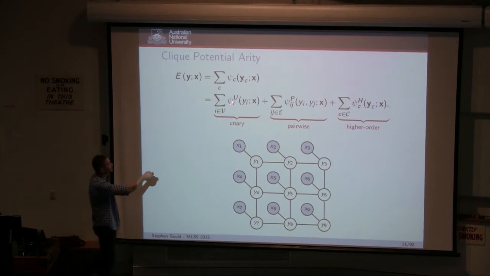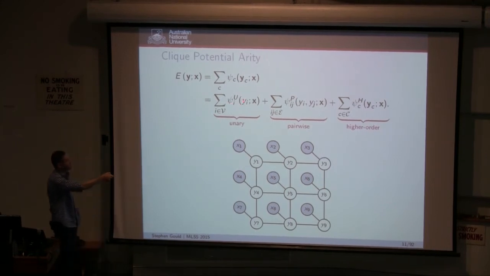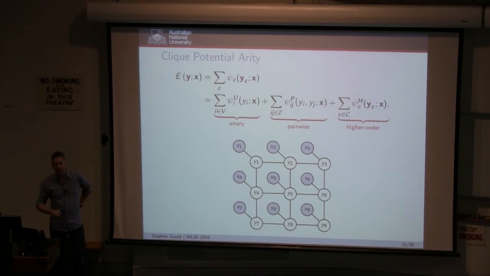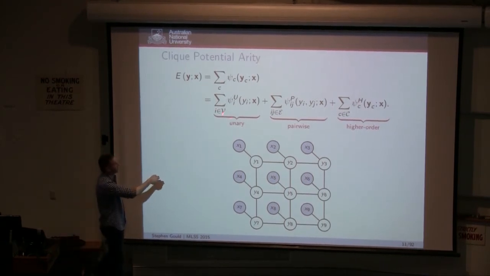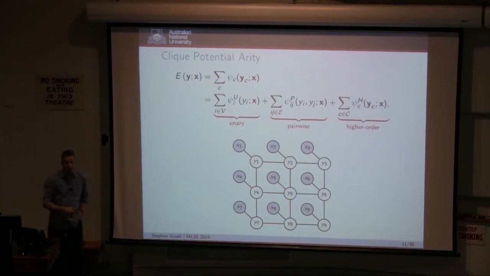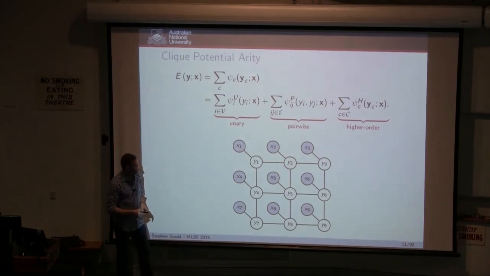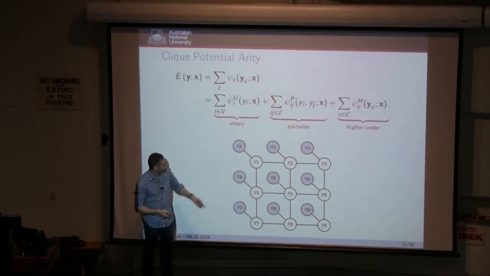So unary terms are going to be potential functions that are defined over a single variable. Pairwise terms are going to be defined over 2 variables. And then higher order terms are defined over 3 or more variables. And in a lot of computer vision, we build models that just have unary and pairwise terms because they're easy to deal with, okay? And so here is a typical representation of a model with just pairwise terms.